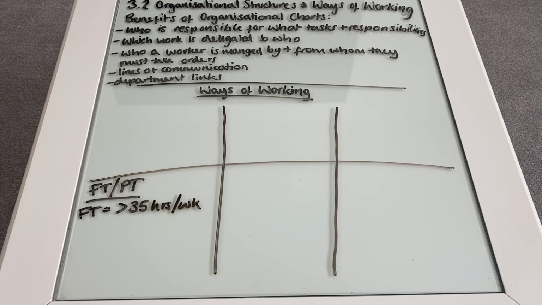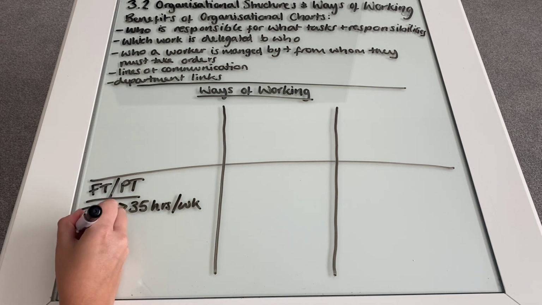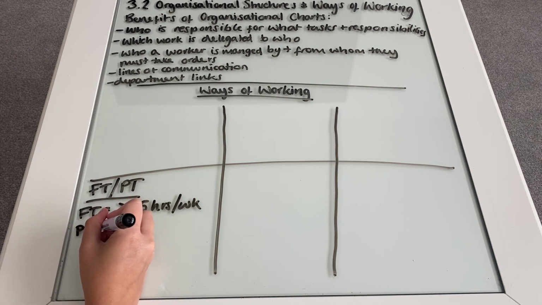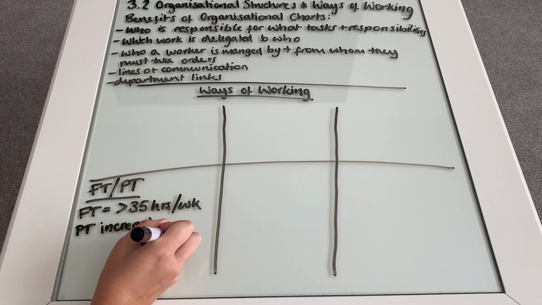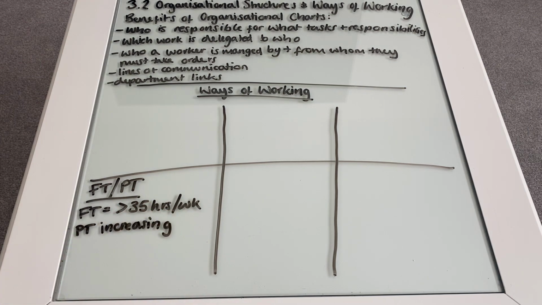There's a big growth in part-time working, particularly through 0-hour contracts, which I'll talk about in a minute. This is likely to continue to increase as we come out of the COVID lockdown, because part-time workers are generally cheaper. Part-time working suits people who need regular hours to look after family and pick up children, that sort of thing.